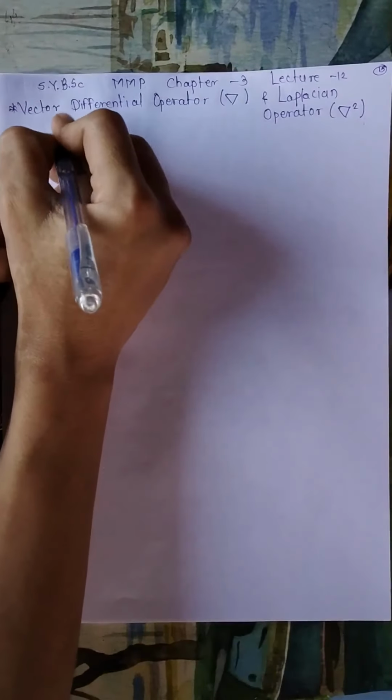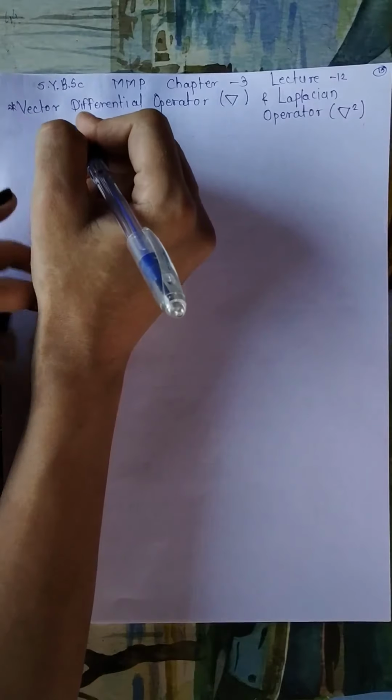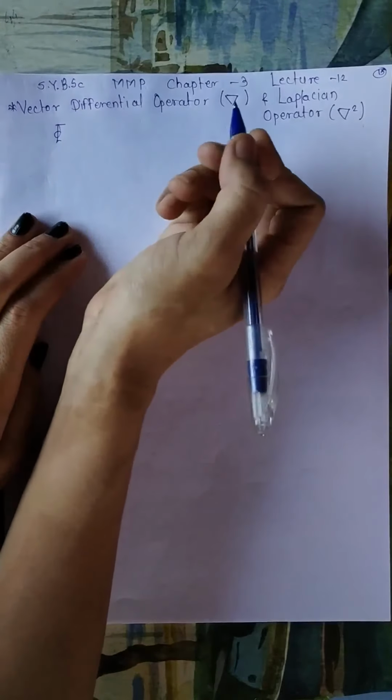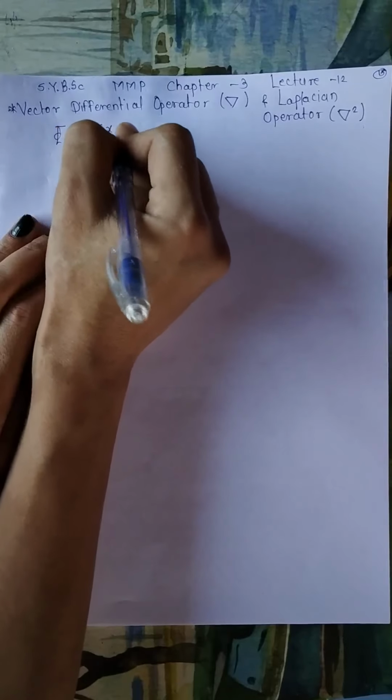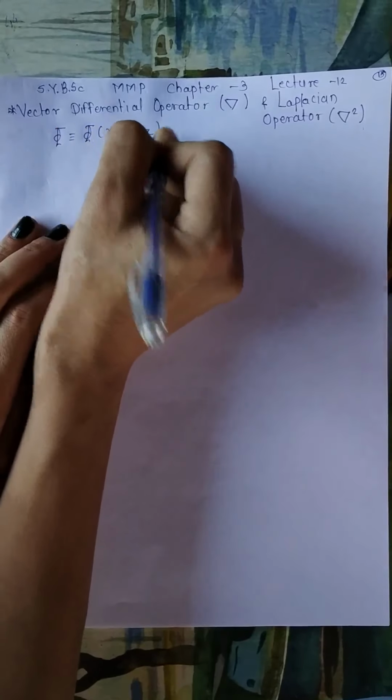Here we will consider a region bounded by a scalar field phi, which will be a function of our Cartesian coordinates x, y, z. So I can write phi as a function of x, y, z.